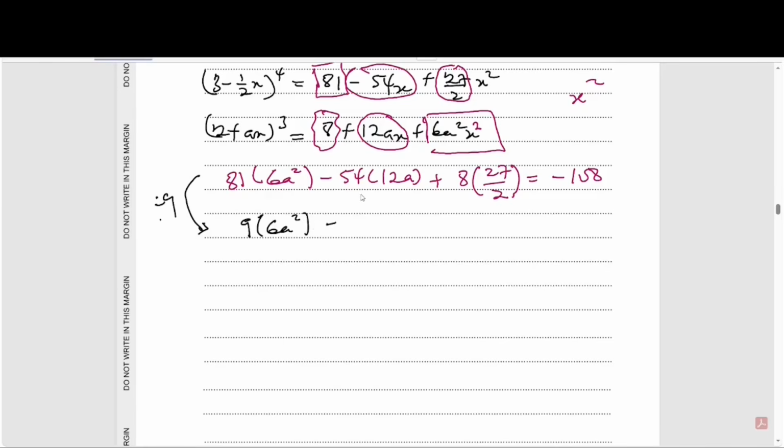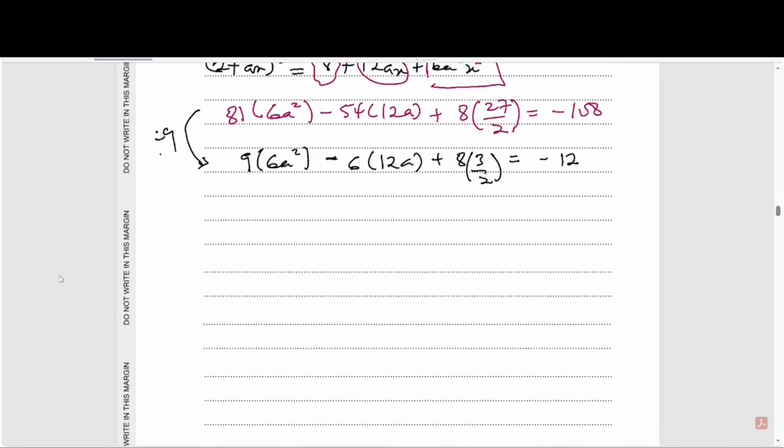Then next, 54 by 9 is 6, and times 12a. Then plus, 27 by 9 is 3, so you have 8 times 3 over 2. And lastly, 108 by 9 is 12.